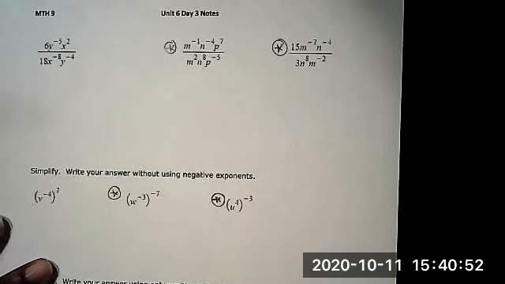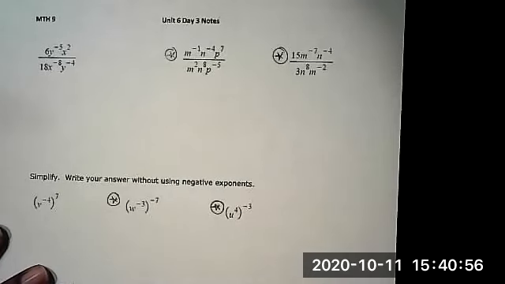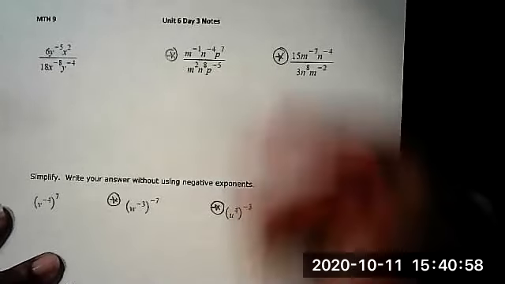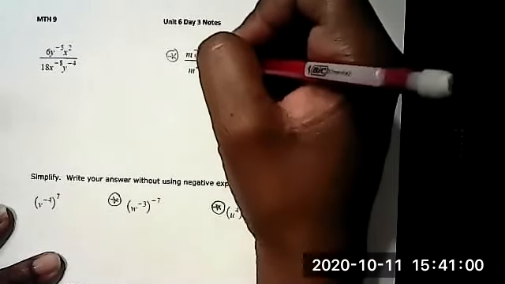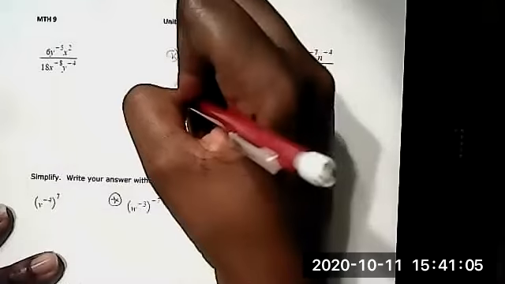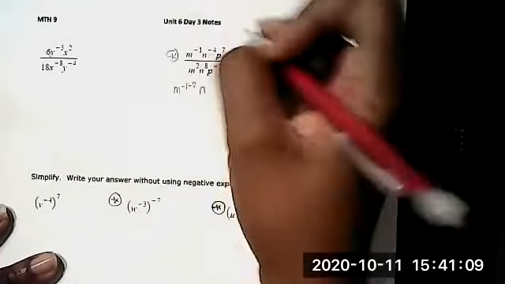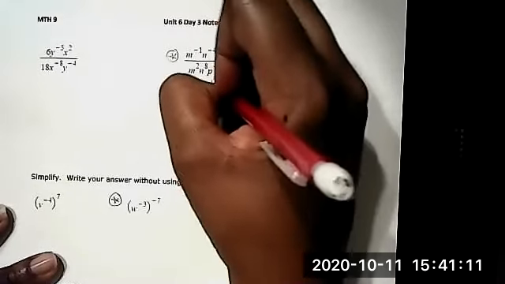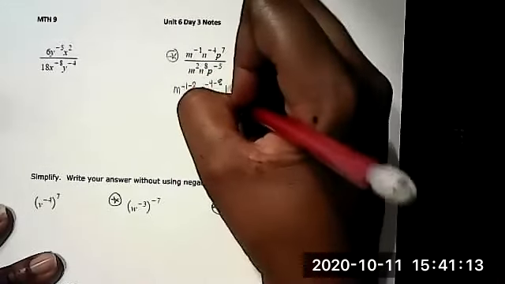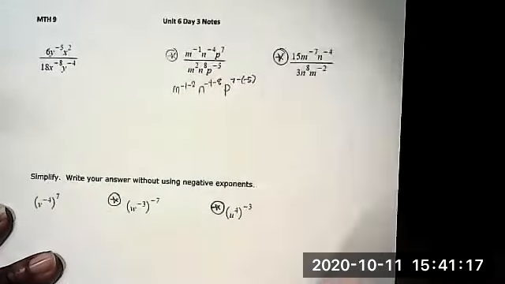All right, so next page, starred problems. These can get really tedious, but you have to understand your exponent rules. All right, so the m's here, subtract, n's here, subtract the exponents, p's here, subtract the exponents. So this becomes m to the -1 minus 2, n to the -4 minus 8, and p to the 7 minus -5.